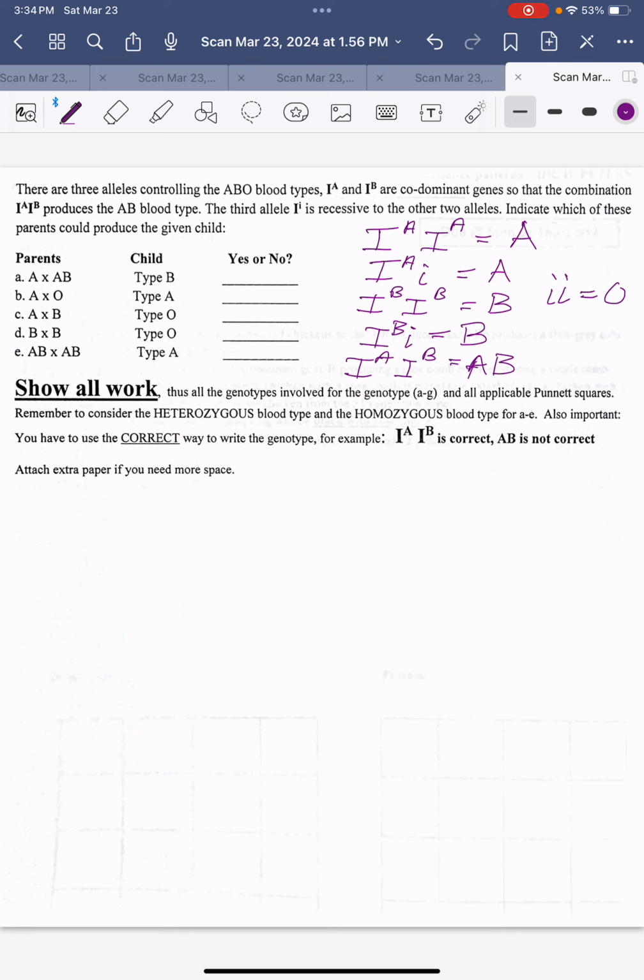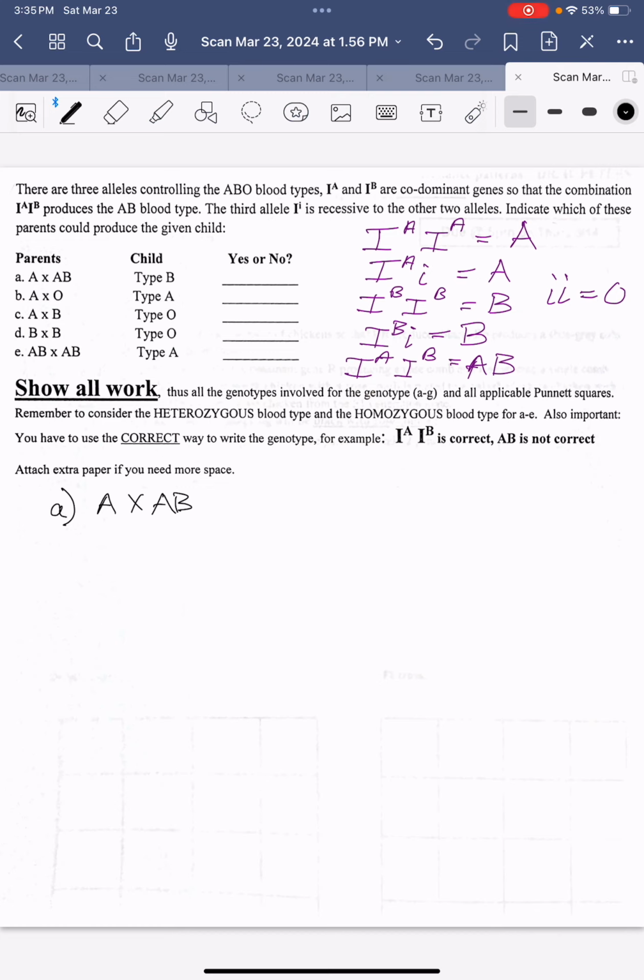Now let's see if we can solve these problems together, starting with A. We're given that the parents are blood type A and blood type AB, and the question is, is it possible to produce a child with type B blood? Yes or no?